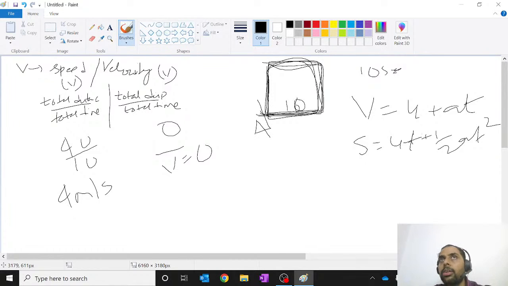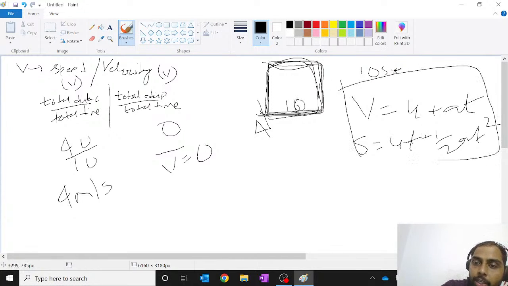We are going to talk about other concepts like average velocity and instantaneous velocity, which is definitely a short question in one of your papers. They might give you different scenarios and ask you to find the average velocity, average speed, instantaneous velocity or instantaneous speed, whichever is the case. I am assuming you are thorough with initial velocity, final velocity and acceleration. So now we will move on to this further topic.